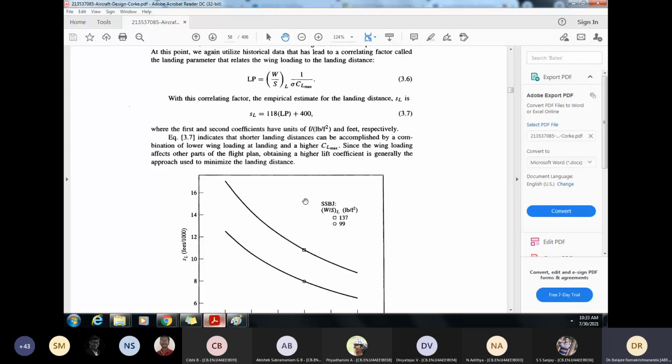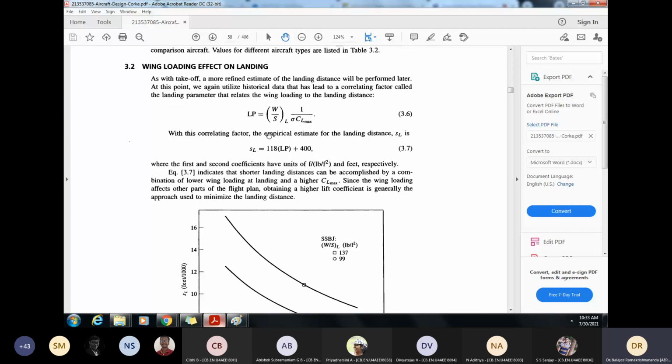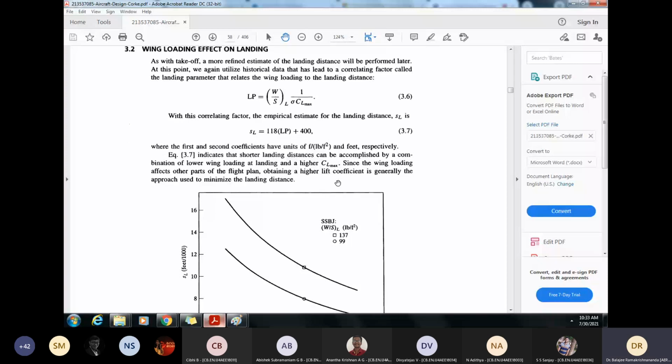So usually, if you cannot get what you want from this, we use a very high CLmax for landing. This we achieve by using flaps and slats. This is something which we can fiddle with.